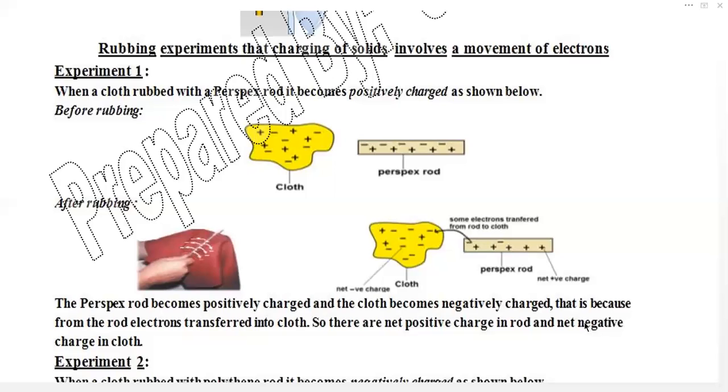So the perspex rod becomes positively charged and electrons will shift from the perspex rod to the cloth. So this is a method by which we can observe the shifting of electrons. Thank you very much.